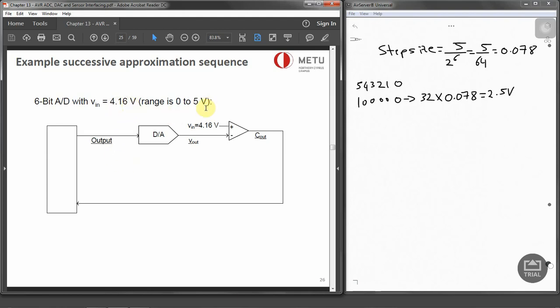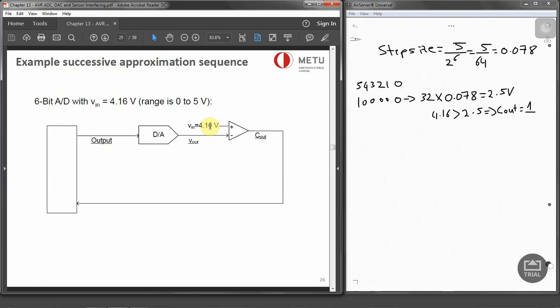So when we compare 4.16 with 2.5, we can say that 4.16 is greater than 2.5. That means C out is going to be 1. So we leave that one as it is. So we have got the most significant bit to be 1, so that we can freeze that 1 over there.